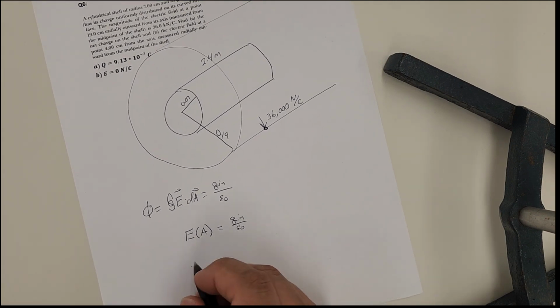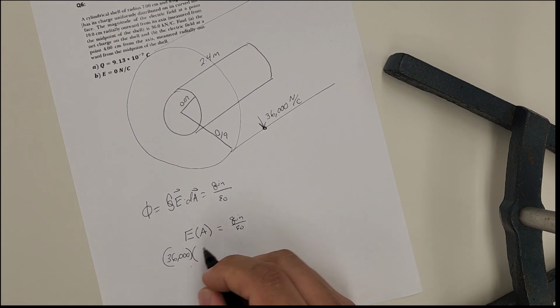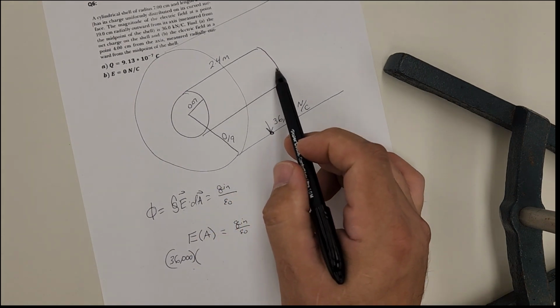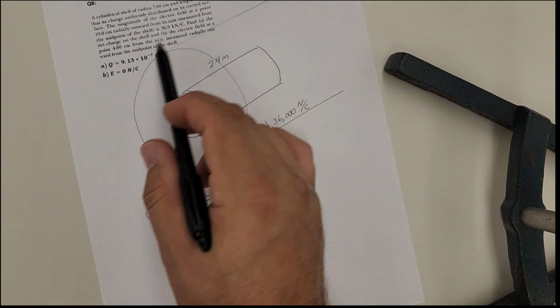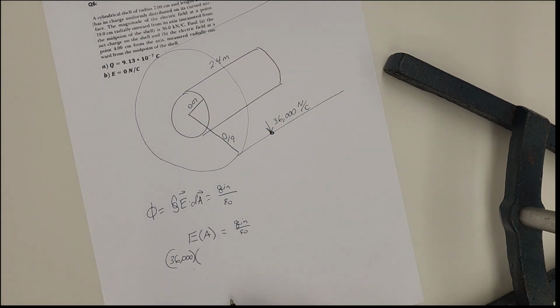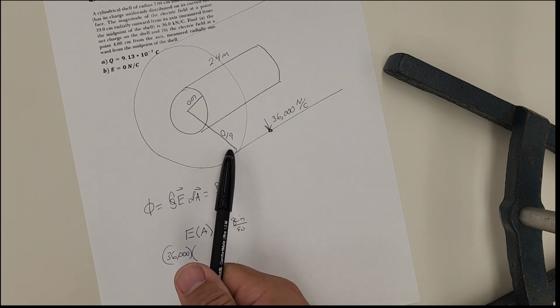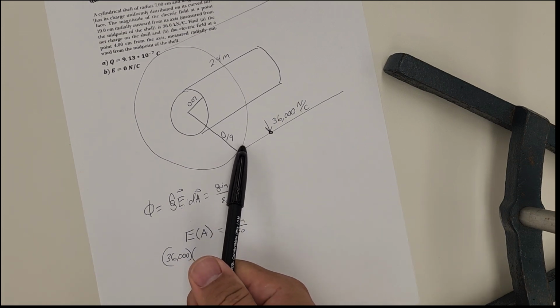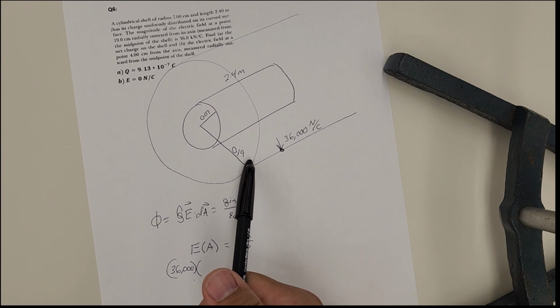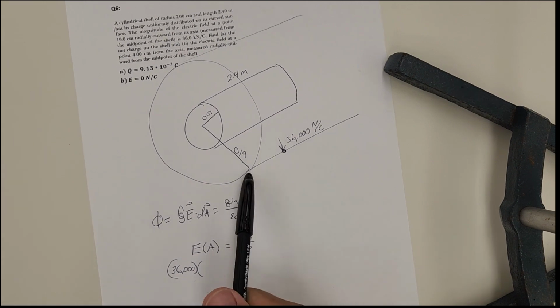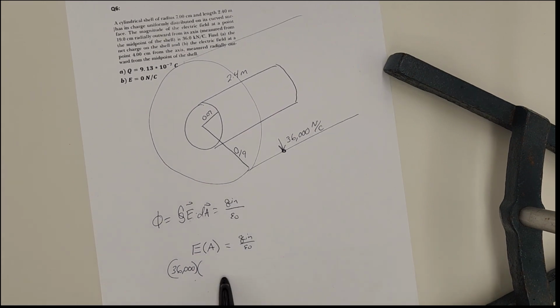E was given, 36,000. The surface area of our shell is going to be the outside one that we made at 19 centimeters, because that's where we're getting our electric field from, so that number better correspond with it.